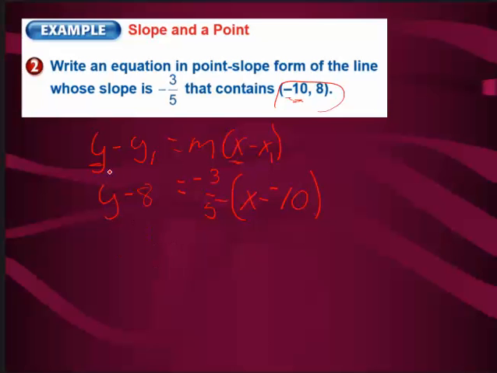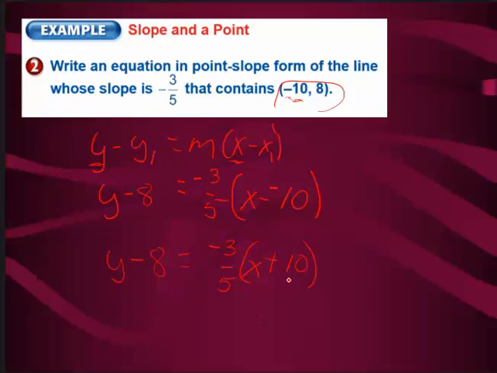Now, I need to simplify. It says to leave it in point-slope form, so I don't have to do much. I'm not trying to rearrange it to get it into y equals mx plus b. I have -3/5 x. A negative is a +10. And that's in parentheses.